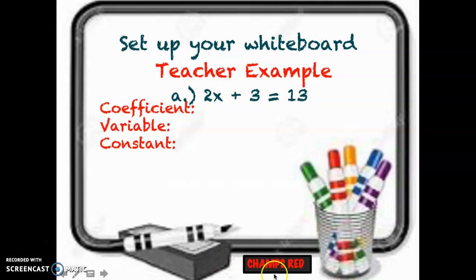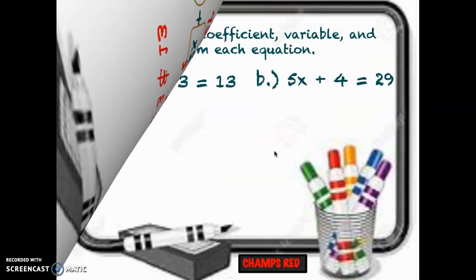In class, I had you write this example and pull out your coefficient and your variable. If you haven't done so, go ahead and pause the video now. In this case, if I box my variable with my letter, then I can see that the x is my variable, the 2 is my coefficient, and the 3 and 13 are my constants.